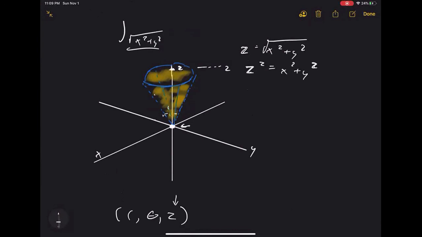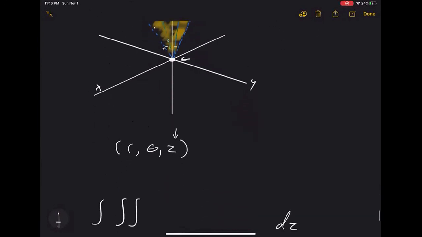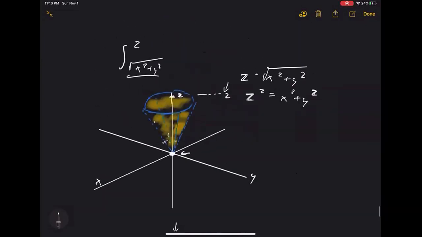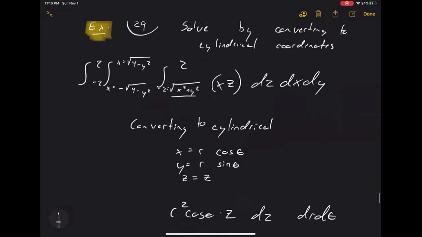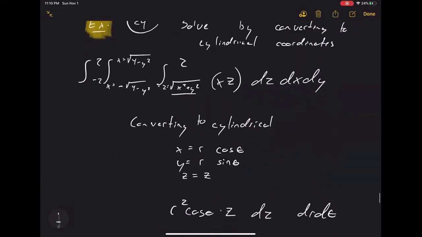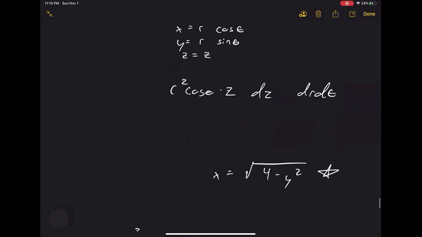Where do they end? Up here at 2. Okay. So I could write my z bounds as 0 to 2. Okay. And then I know I'm going to want r dr. Well, let's see. When we converted, we already did the r dr d theta, right? We already know the stuff inside the integral becomes this.